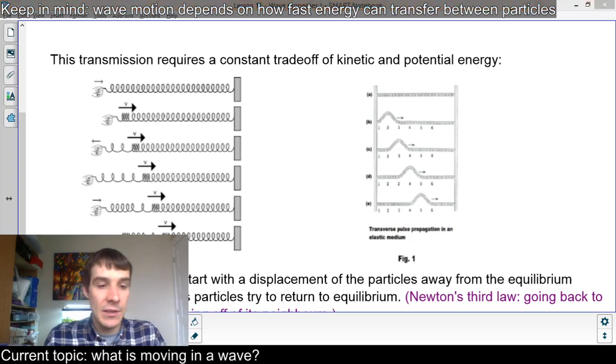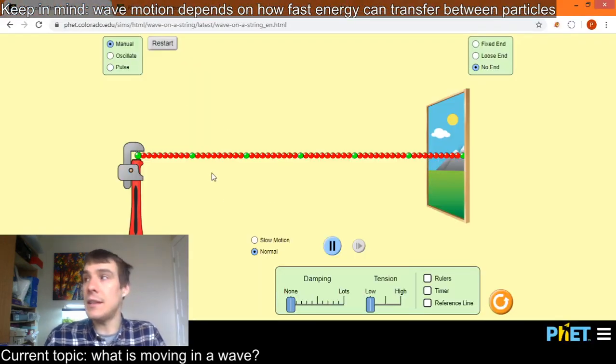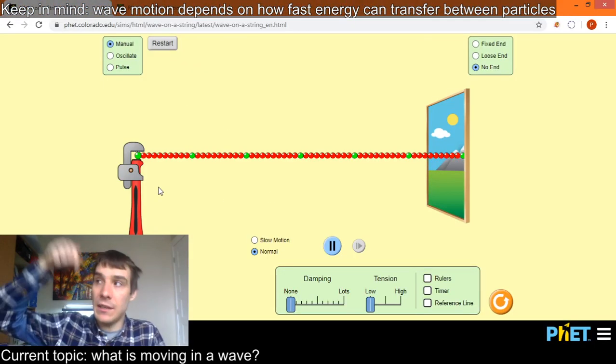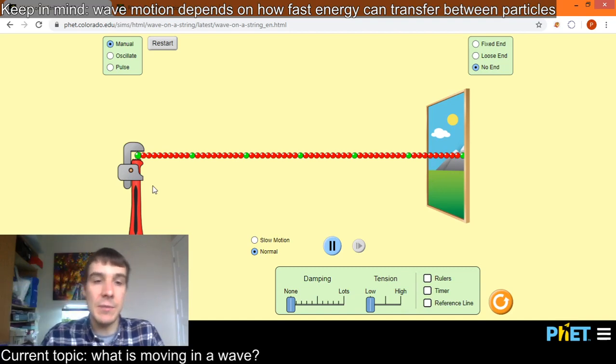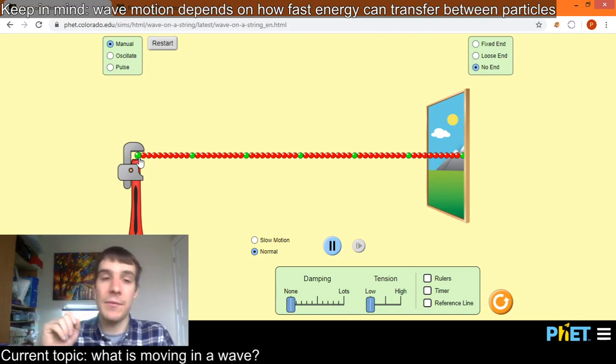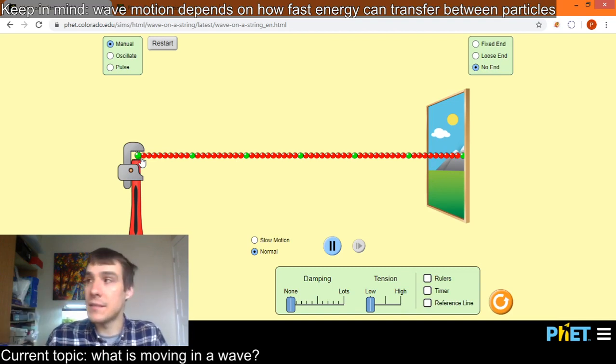This is probably easier to see on this PhET simulation. You can see the link to that down in the description. I've got it here with very low tension and no damping. And you'll see that when I move this particle, the other particles want to follow, but there's a time delay because it takes time for the force to affect the next particle.